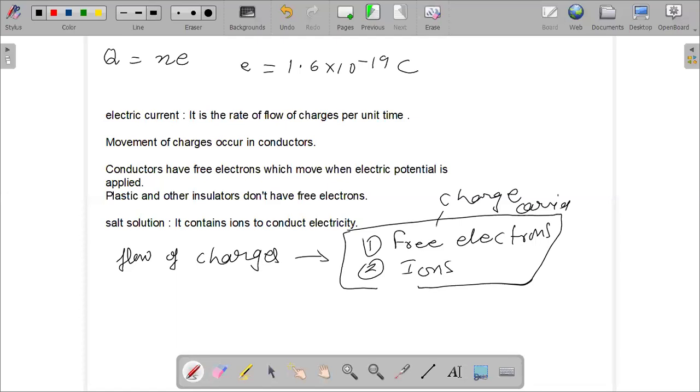Got it? Now, one more thing is required for the electric current to flow, and that is electric potential difference.